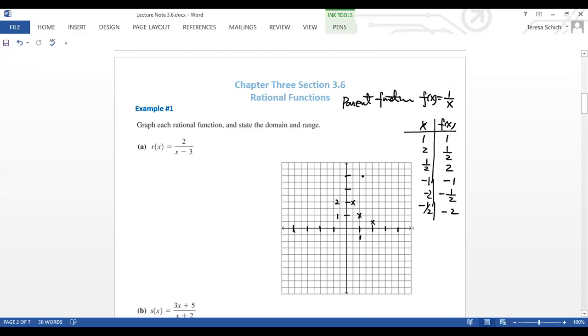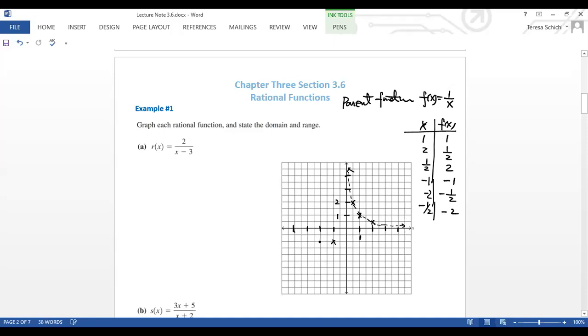Remember, the parent function keeps getting closer and closer to both the x-axis and the y-axis. So the parent function has the asymptotes of the x-axis and y-axis. Now let's look at -1, -1. This is my point.